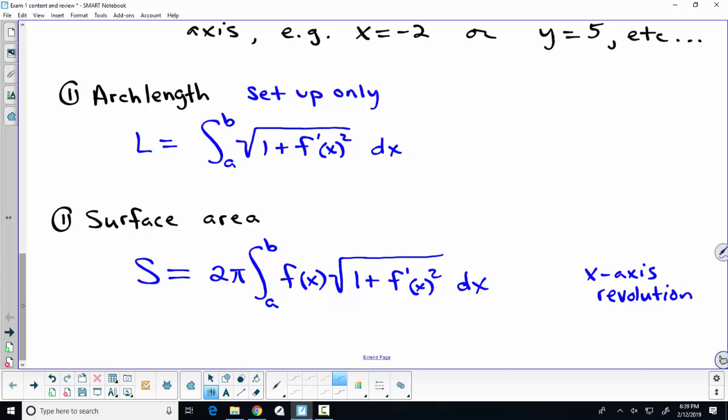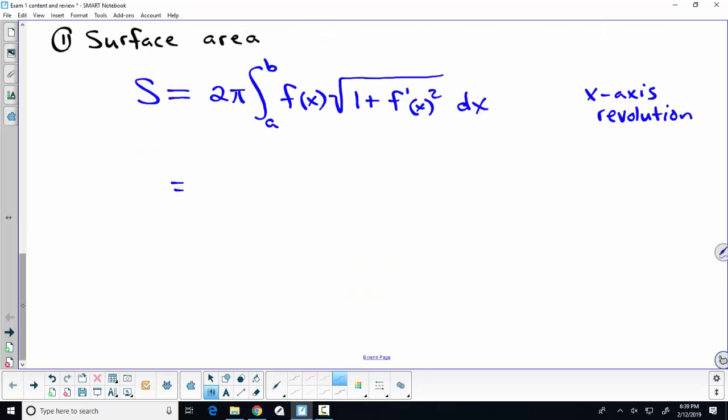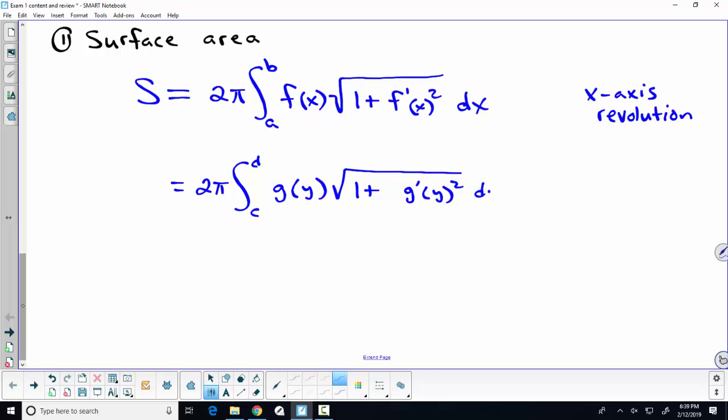And then a similar thing if it's revolved around the y-axis, whatever g of y. Okay, one of those.